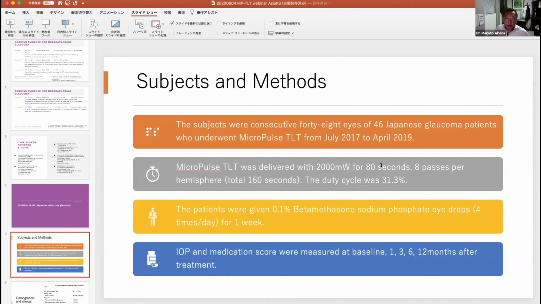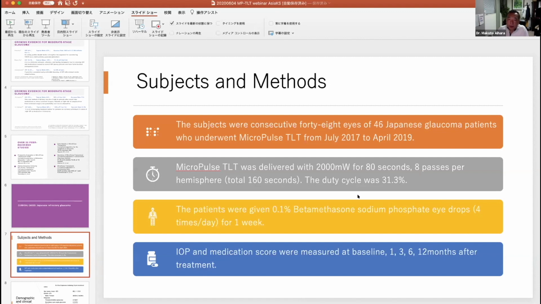The subjects are consecutive 48 eyes of 46 Japanese glaucoma patients who underwent MicroPulse TLT from July 2017 to 2019. MicroPulse TLT was delivered with 2000 milliwatts for 80 seconds, 8 passes per hemisphere, 10 seconds per pass.